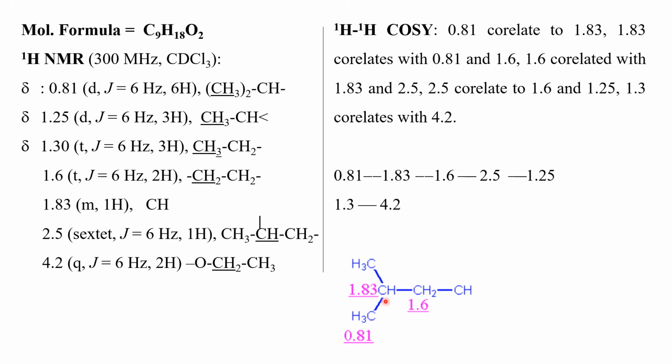So 1.83, which is a methine group, will have the connection with 1.6. At 1.6 we have the methylene group. Let us write the methylene, as it is a triplet. One hydrogen is already there, so the next carbon should carry one more hydrogen in order to get the triplet multiplicity.